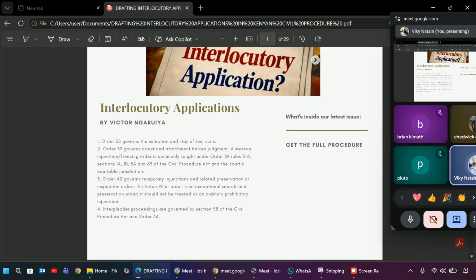I'll also discuss Order 40 on temporary injunctions, and interpleader proceedings that are governed by Section 58 of the Civil Procedure Act and Order 34.